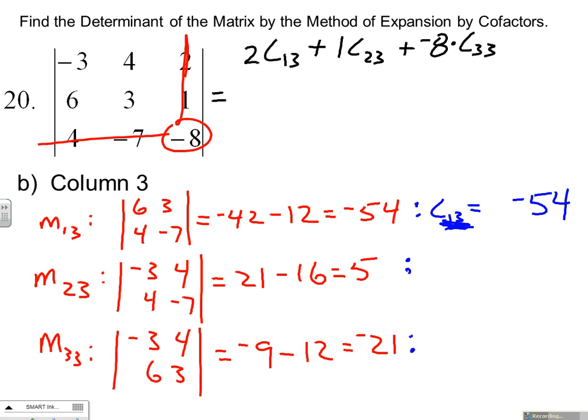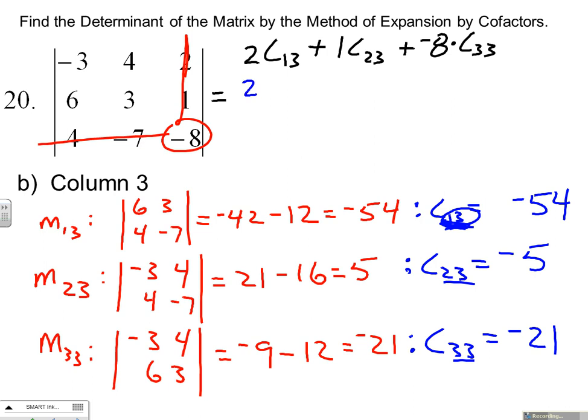In other words, if the sum of row and column is even, our cofactor is our minor. Cofactor 2, 3 is either 5 or negative 5, but since 2 plus 3 is odd, opposite of the minor. And cofactor 3, 3 is either negative 21 or positive 21, but 3 and 3, 6 keeps it the same, negative 21.